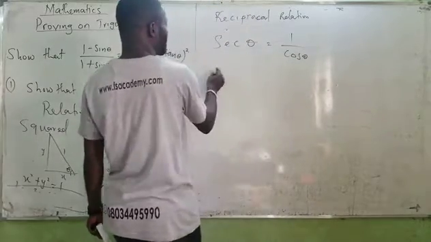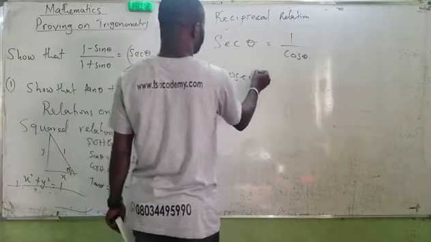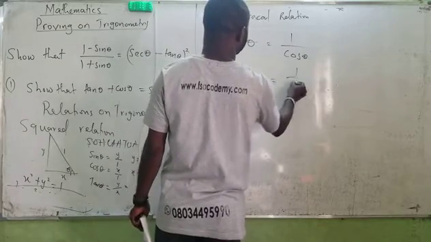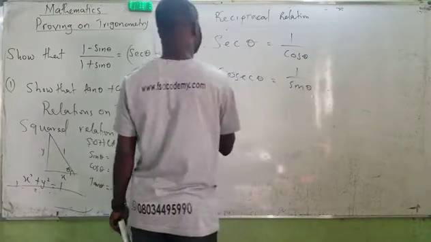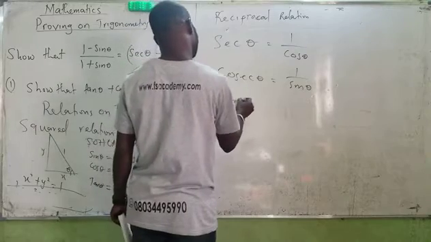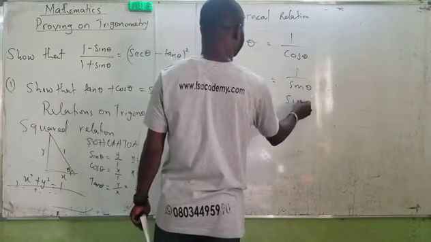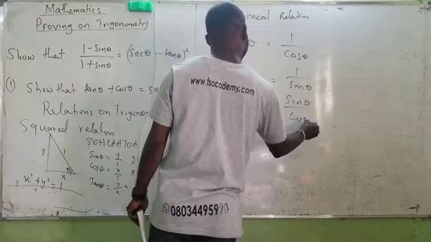And also, cosec equals 1 all over sine. And also, tan equals sine theta all over cos theta.